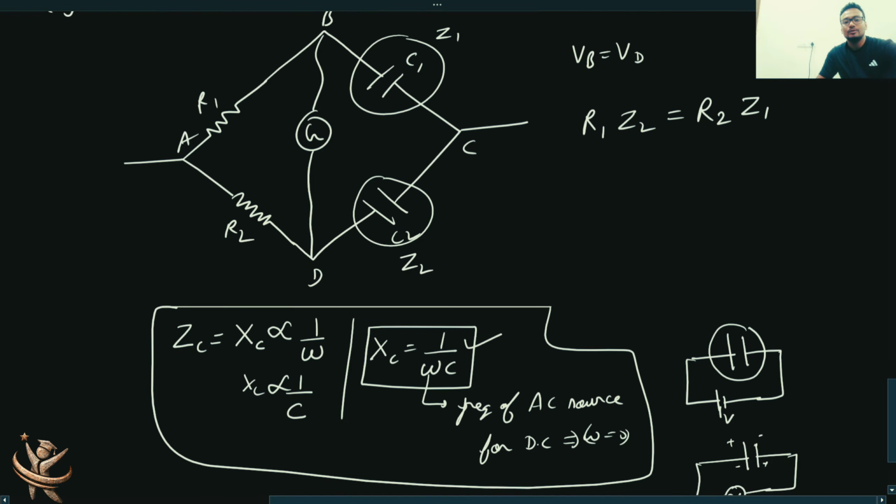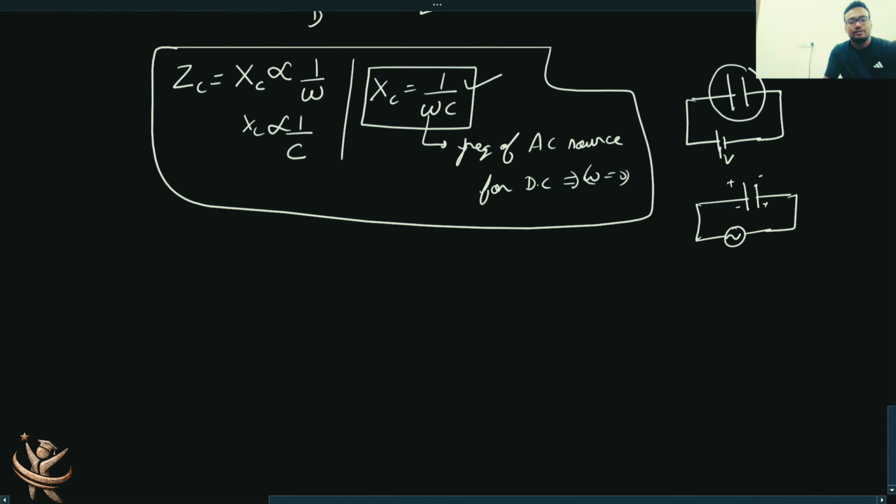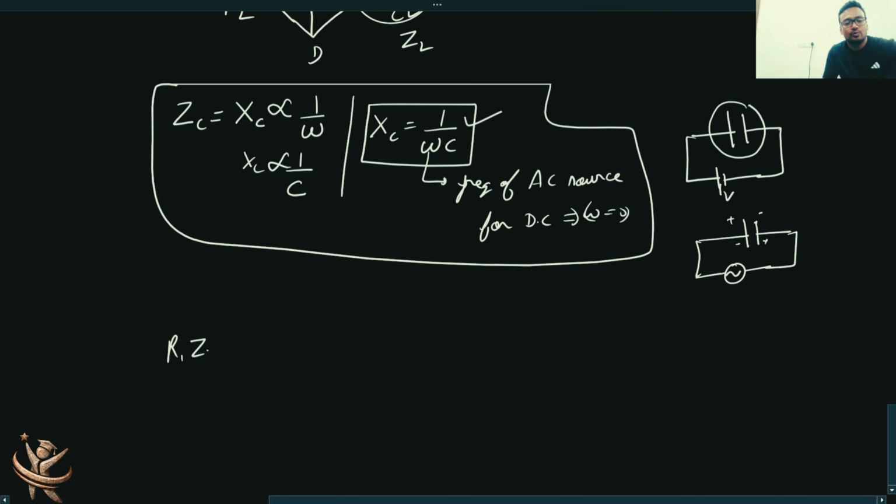Okay, so again, if I use that balance situation, what was it? R1 Z2, and then R2 Z1. R1 X2, R2 X1.